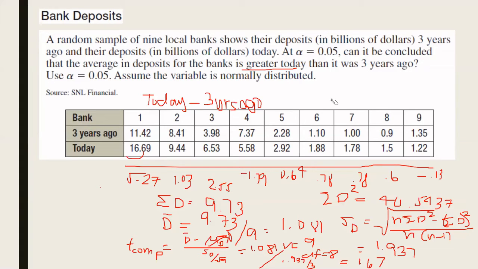What is our decision rule here? In this case, if the t computed is greater than the t critical, then we need to reject H0.